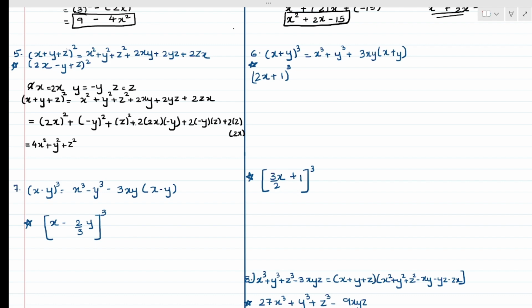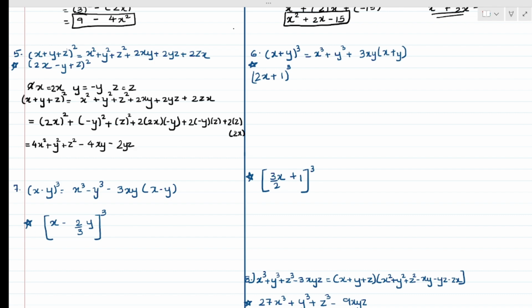Now there is a positive sign and a negative sign, so plus times minus gives me minus. 2 times 2 is 4, and x times y gives me xy. Again, positive times negative means negative. 2 times y times z means 2yz.